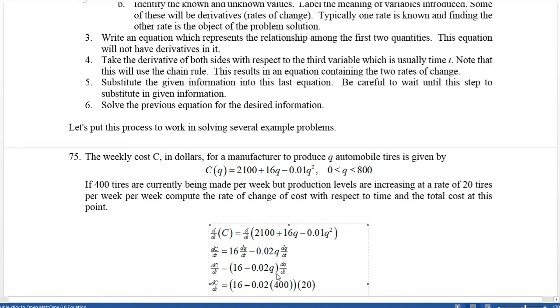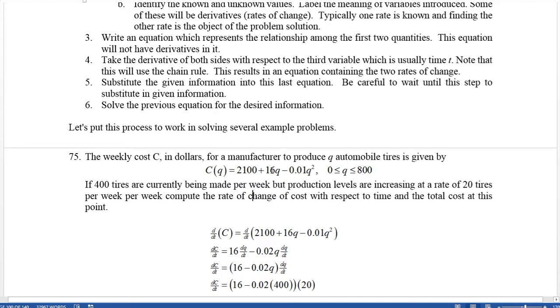Well, now we have a relationship that has both dC over dt and dQ over dt. Now let's look at what we're saying. We know that at a particular point we're making 400 tires. Now, what's 400? Is that a Q, a C, a dQ over dt? Well, that's the actual number of tires per week.